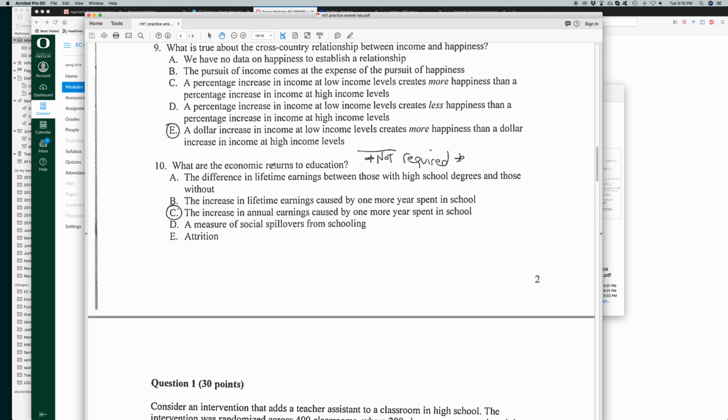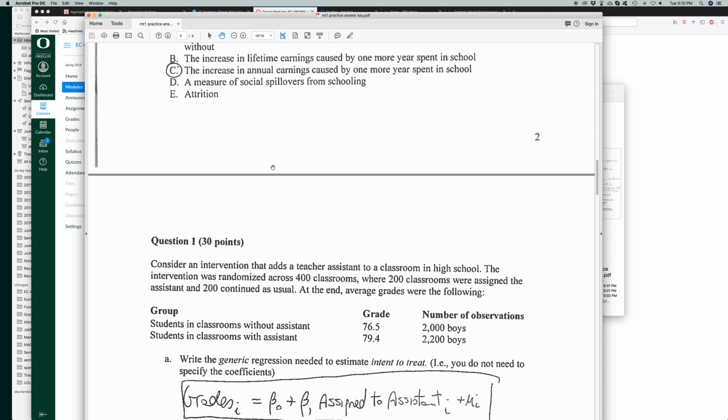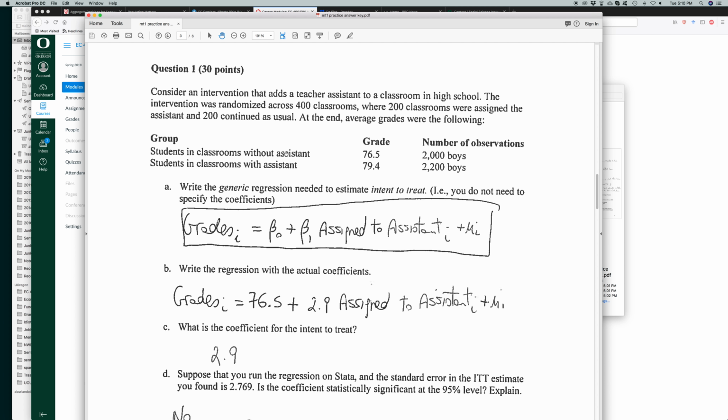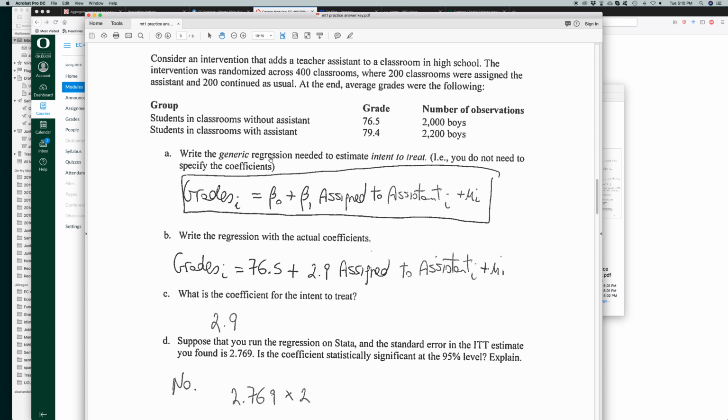Here, this is something we haven't covered yet, or it's not expected for your exam. Now, question 1, here I want to be clear about how to write the regression. We have two sets of individuals, two treatment sets.